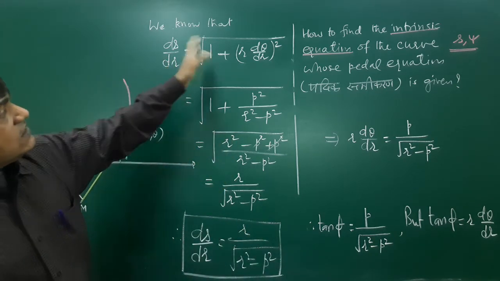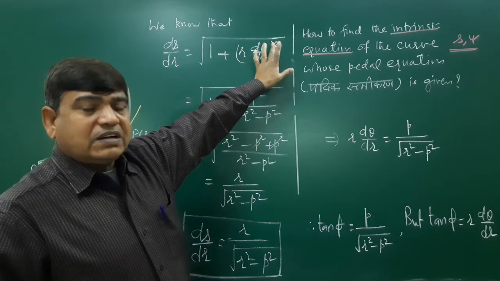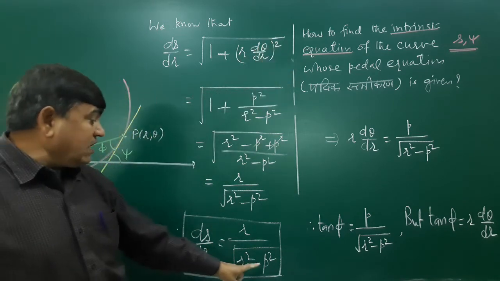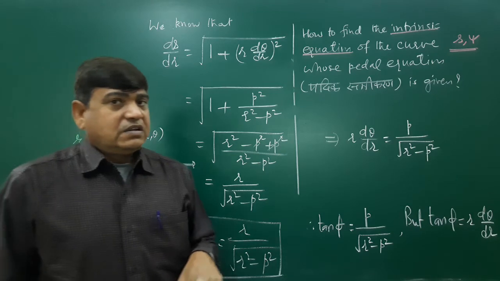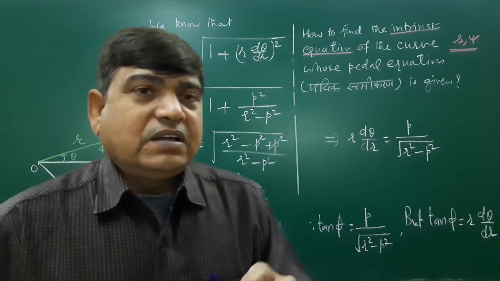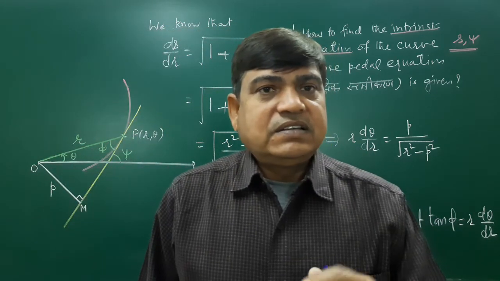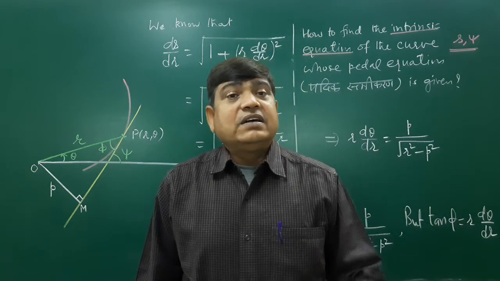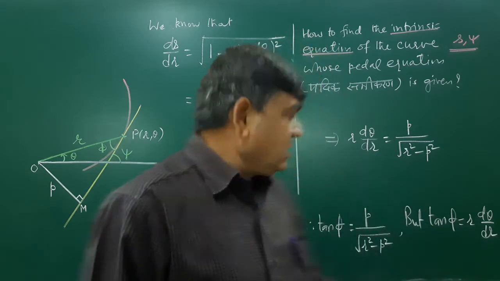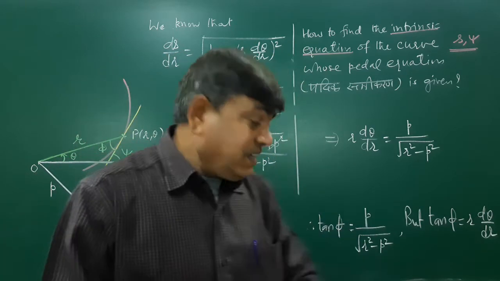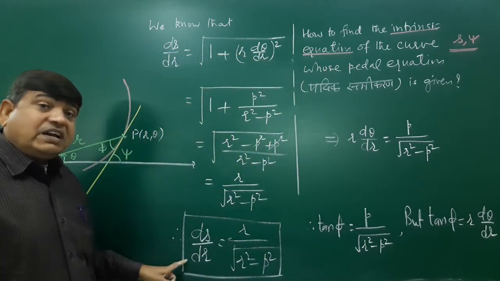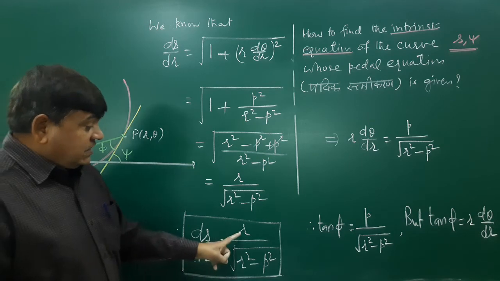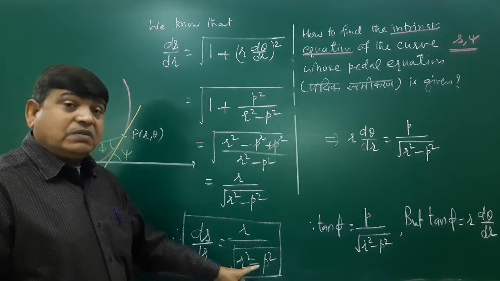ds by dr, this is in terms of polar r and theta. Now here it is purely in terms of p and r. So you people know that ds by dx, ds by dy, ds by dr, ds by d theta, ds by dt, and here it is ds by dr when pedal equation is given, that is r upon under root r square minus p square.